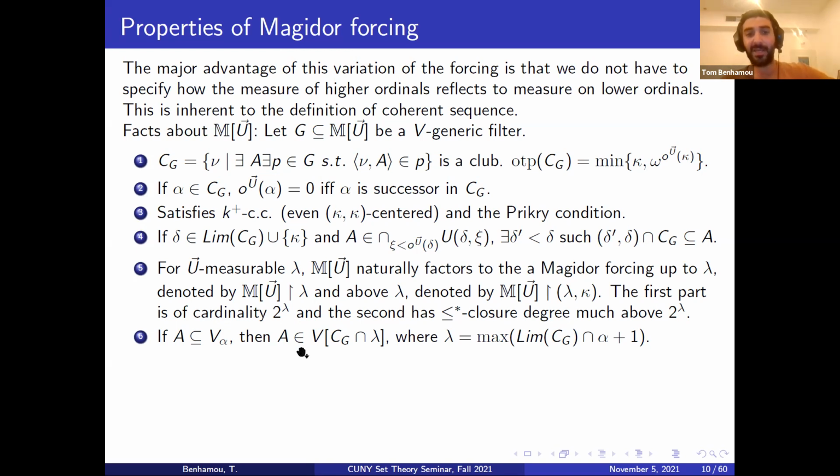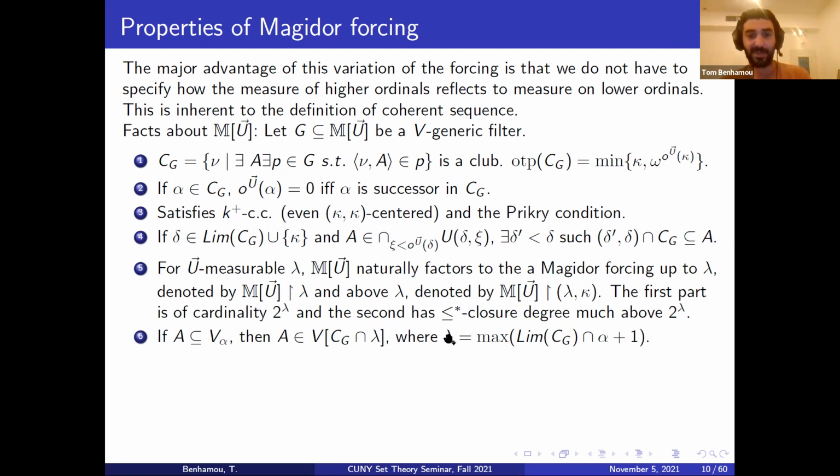Then A must belong to V[CG intersection lambda]. It must be added by the part of the forcing below lambda, where lambda is the last limit point of CG which is less or equal than alpha. And this exactly exploits 5.